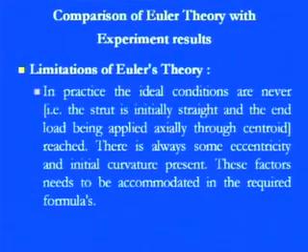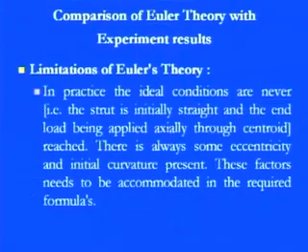Therefore there is always some eccentricity, and an initial curvature always comes due to the axial load. If you go the realistic way, there is always eccentricity, and due to the eccentricity some curvature is there and buckling always comes in terms of that.